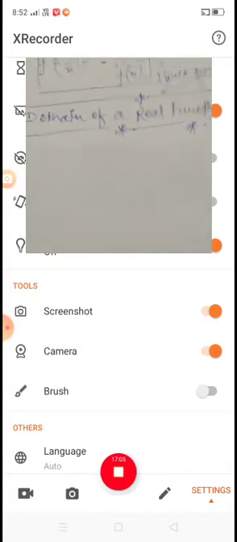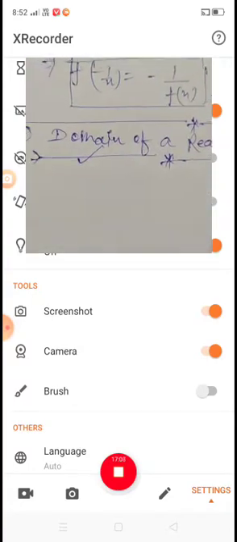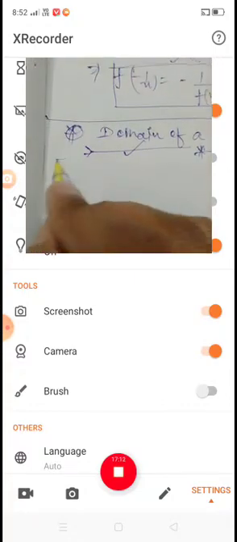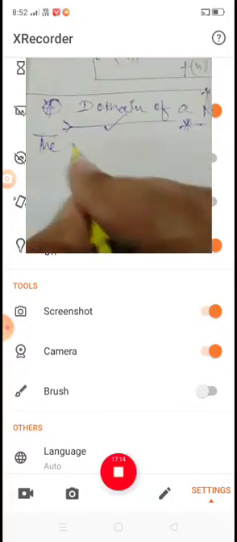Let's see what is the domain of a function. The domain of any function f of x.